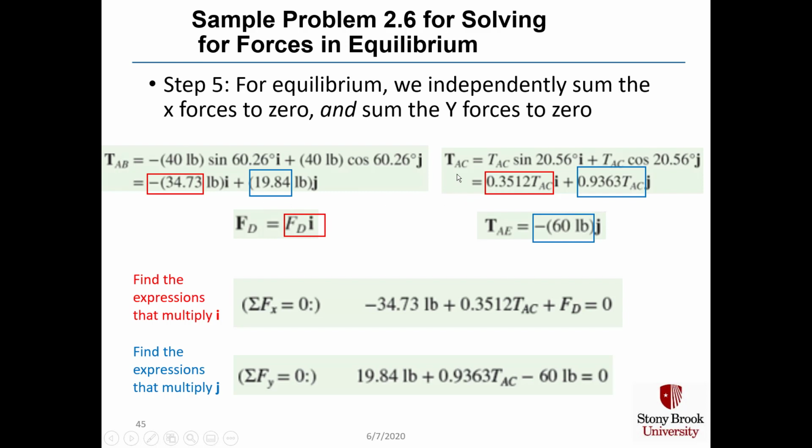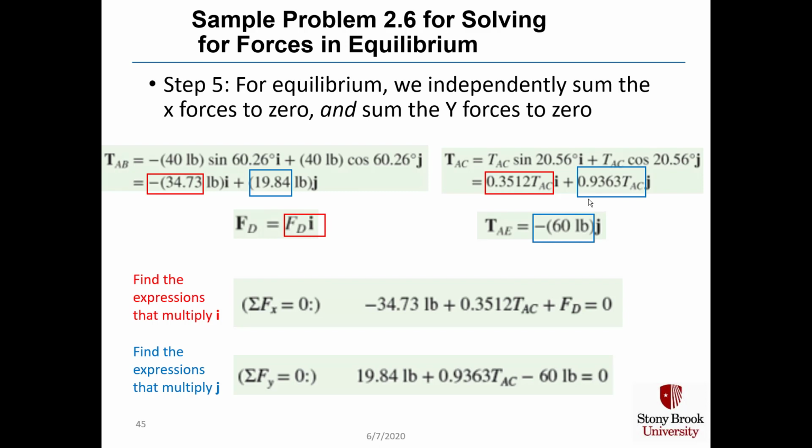T sub AC has an x component highlighted in a red box of 0.3512 times the magnitude of T sub AC, and its y component, which I highlighted in the blue box, is 0.9363 times the magnitude of T sub AC.